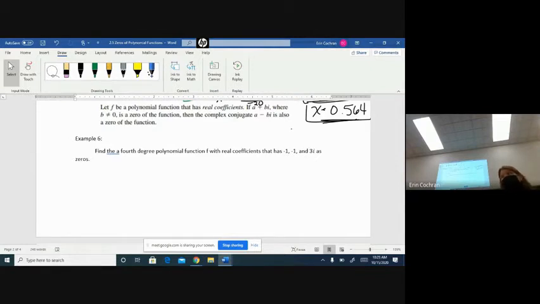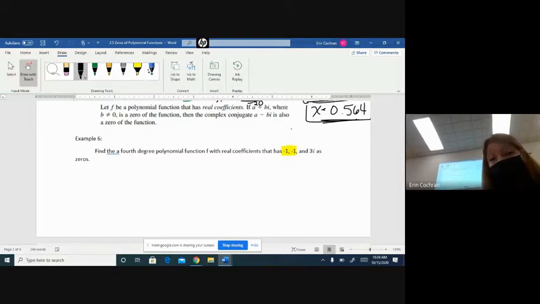Now, you guys know how to write -1 and -1 as a polynomial, don't you? If we know a solution is -1, if I plug that into a polynomial or an equation, what would it be? x plus 1, right? You guys okay with that?